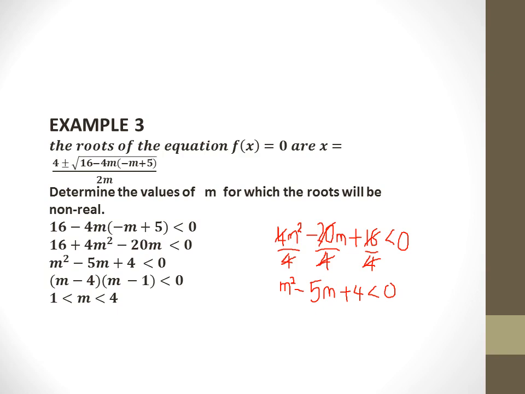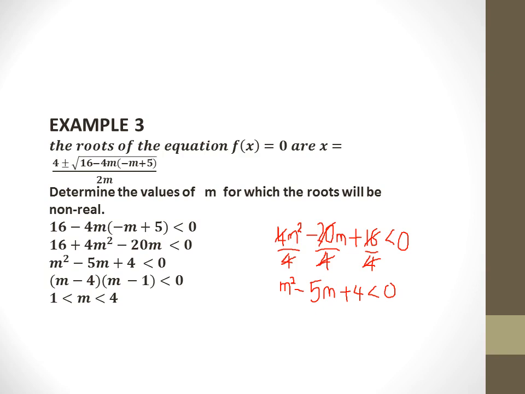So now negative 4m will multiply negative m. We are going to have positive 4m squared. And negative 4m times 5, we are going to have negative 20m. So 16 plus 4m to the power 2 minus 20m less than 0, because non-real.